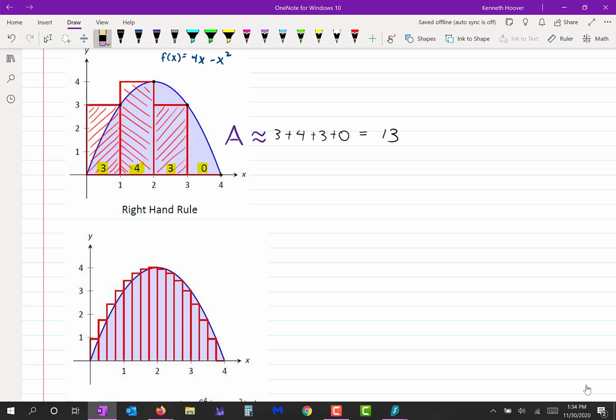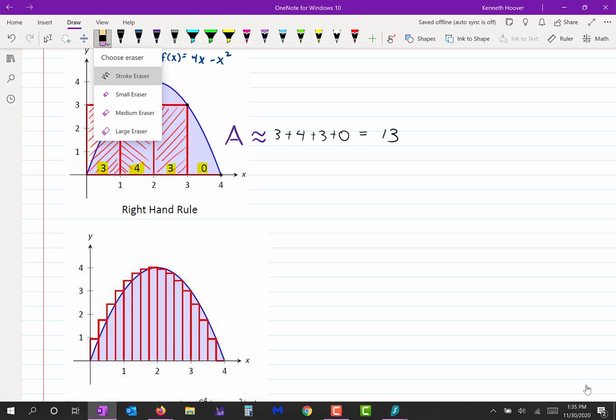So, how could you get a perfect answer? Well, the idea is this. You keep doing these estimates with more and more rectangles. Let's call the number of rectangles n.